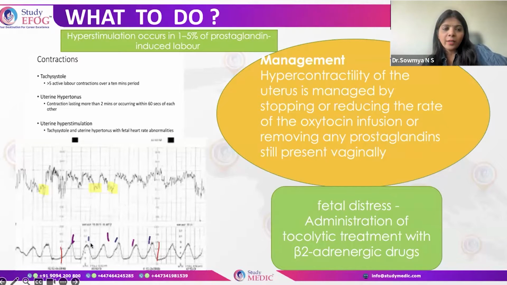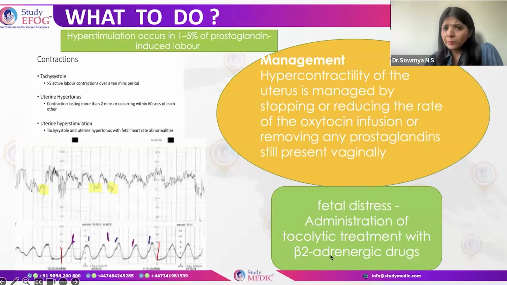Here you can see 1, 2, 3, 4, 5, 6 to 7 contractions, and there is deceleration. This is what is called uterine hyperstimulation. Just the number of contractions or prolonged contractions doesn't make it hyperstimulation. If it is associated with fetal heart rate abnormality, then you call it hyperstimulation.